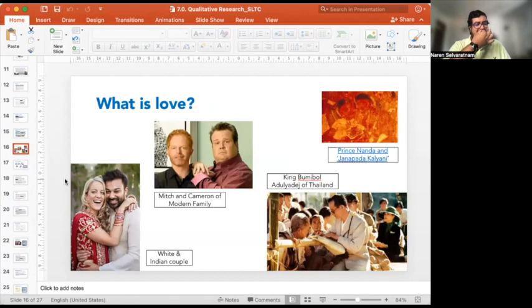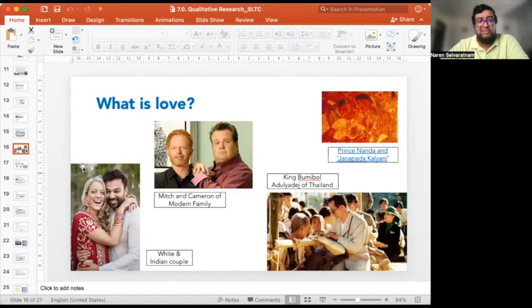Let's say I'm a researcher. I want to research love. Now, what exactly is love? See, I have given multiple types of love. Here we have a white and Indian couple.